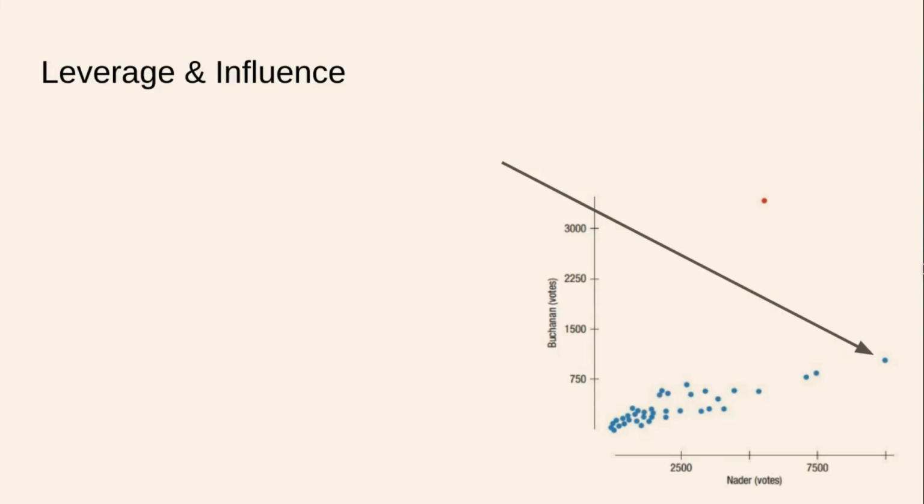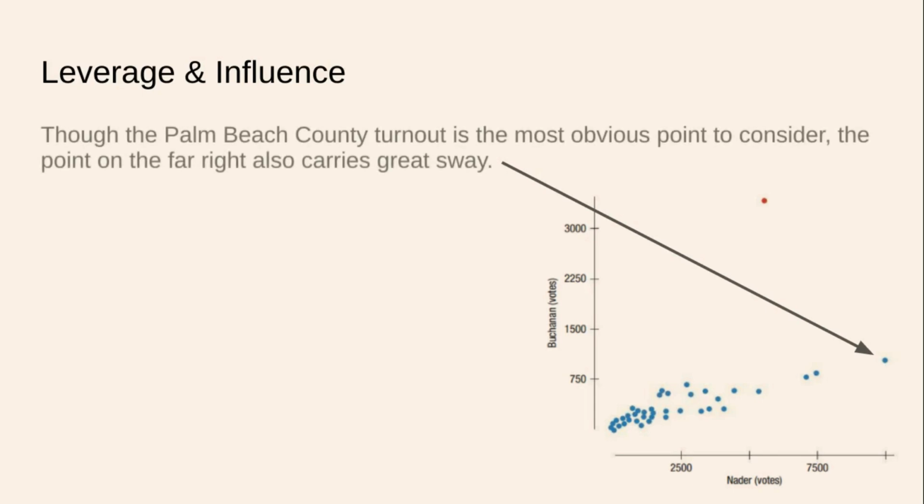So it doesn't take an astute statistician to see that this point is going to cause a stir. But it does take an astute statistician to notice that this point is also important in the analysis of our data. And that's because the x-axis value is very high relative to the rest of the data. Though the Palm Beach County turnout is most obviously the point that is going to draw the most attention, the point on the far right also carries great sway, but for a different reason.